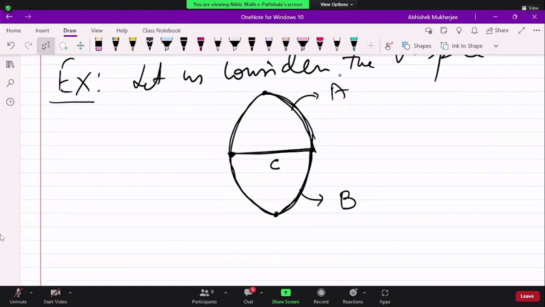So this theta space, certainly it is a T2 space, right?